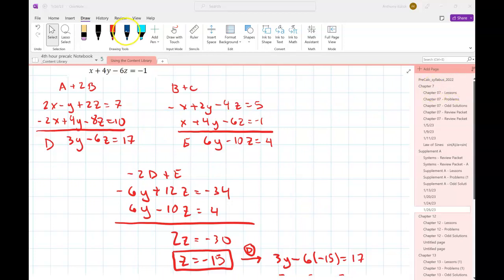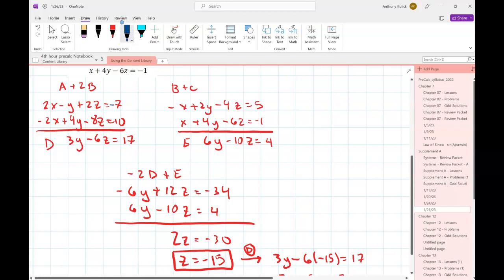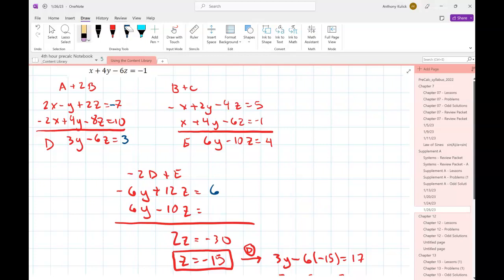Yeah, so let's fix that then. So this should be negative. So that should be 3, which makes this 6. Which, oops, that was fine. Which makes that, oops, that should be negative 6.